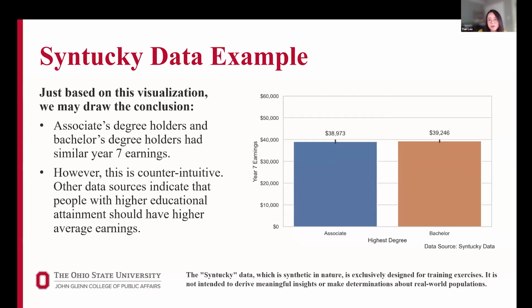So even if the data sources or specific measures or the underlying populations are different, we typically just think that higher education should translate into higher average earnings. So what could be the potential reasons? Again, you can argue that this outcome measure may not be the most appropriate, but let's just focus on the missingness aspect for this specific example.